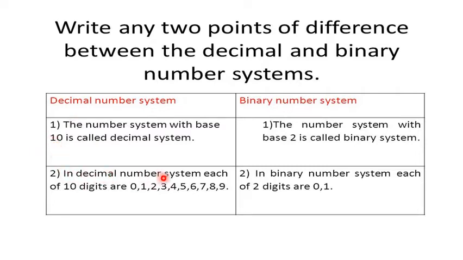In decimal number system, the 10 digits are 0, 1, 2, 3, 4, 5, 6, 7, 8, 9. These are total 10. That is why we are giving the base number as 10. On the other hand, if we talk about binary number system, it has the base 2. It means we are going to use only two digits in binary number system, and these are 0 and 1.